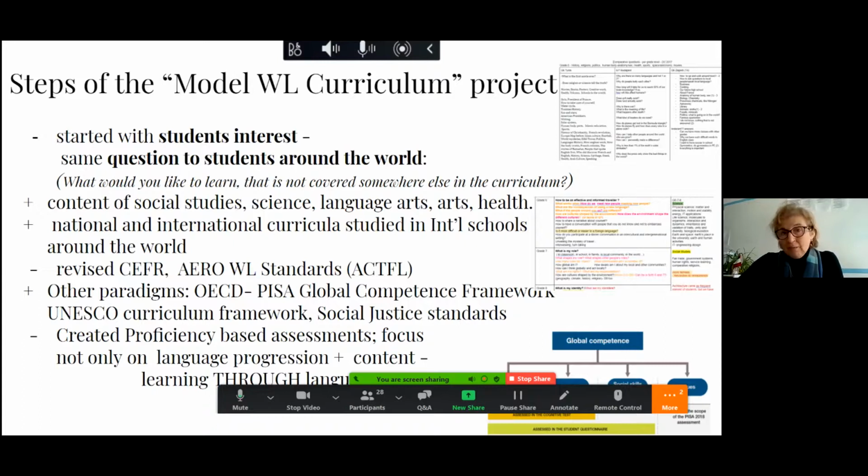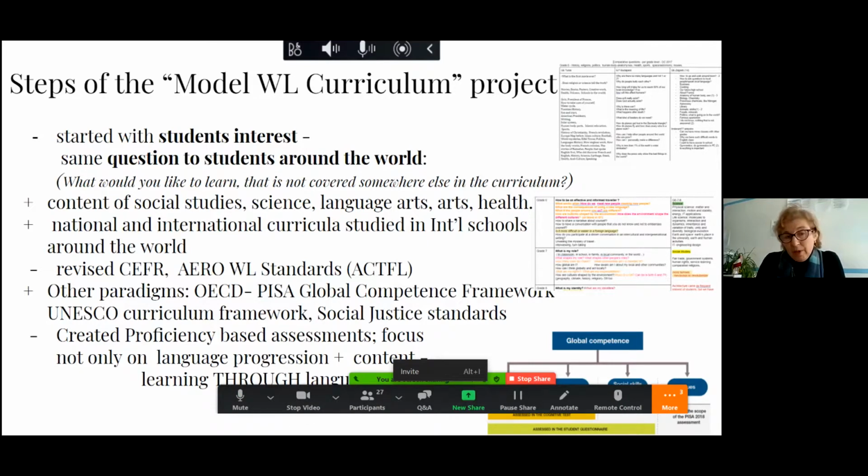To that, we added content of social studies, sciences, language arts, health, and different areas of the curriculum. Here is the document from when we worked, talking about the process of creating the curriculum, and how this content was added to the guiding questions for our units, taking into consideration the Common European Framework, AERO standards, ACTFL, but also other paradigms such as the OECD PISA. All this was mentioned in the introductory presentation today.